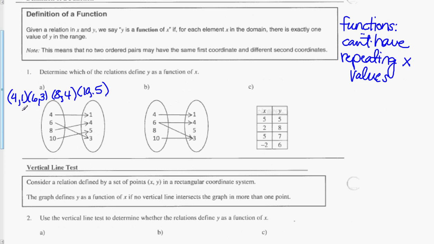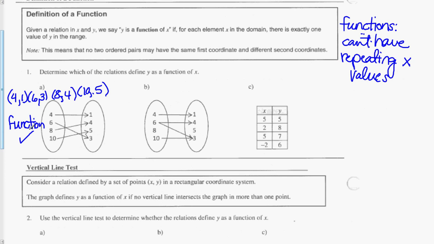You'll notice there were no repeating x's. In other words, I didn't have any number on the left side that had 2 arrows coming out of it. So this one we would say is a function.